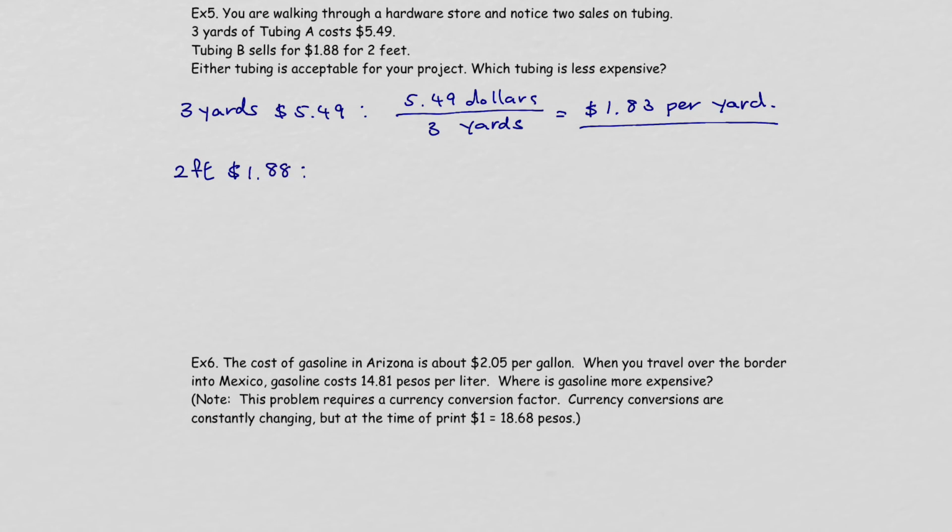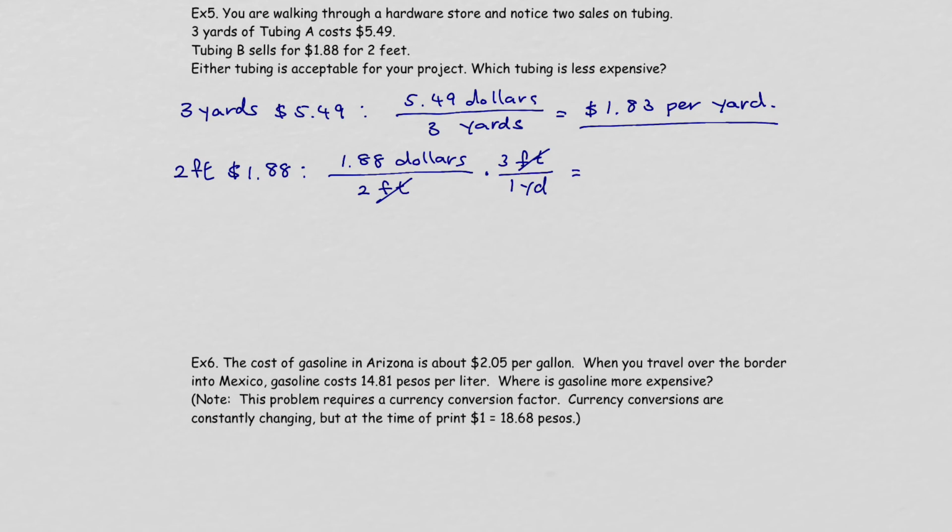So I need to put dollar on the numerator over 2 feet. But because we're not just converting per unit, but I also want to change the feet into the yard, we need to also multiply this by 3 feet over 1 yard. So the unit is going to be the same as the other one we're comparing, right?